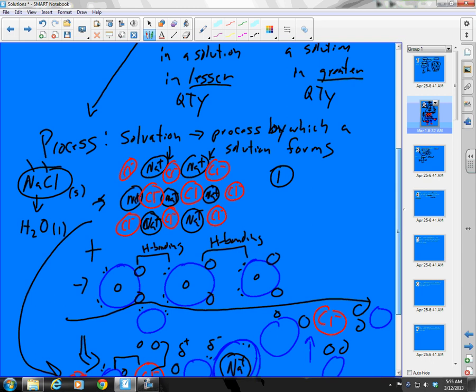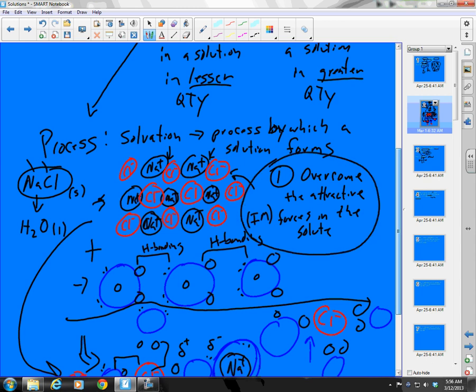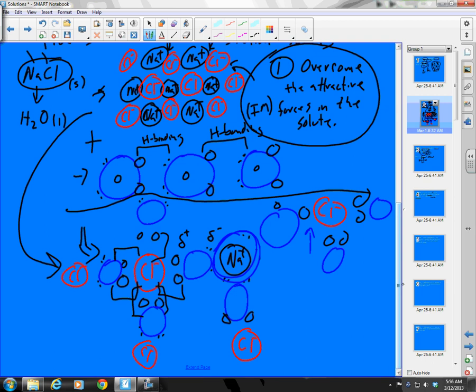So the first thing that has to happen is we have to overcome the attractive forces in the solute. Good. Now, quite often those attractive forces are IM forces. In this case, they are ionic forces. But in any case, the first step in forming a solution is that we must overcome the attractive forces in the solute. Now note, I am not saying we're breaking bonds. I'm saying we are overcoming attractive forces.